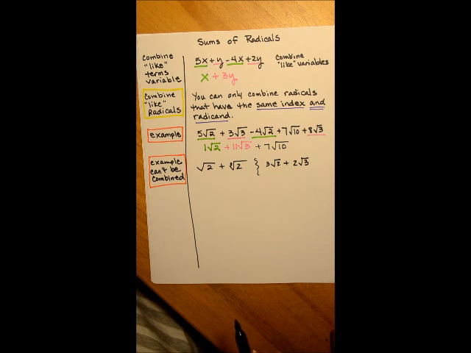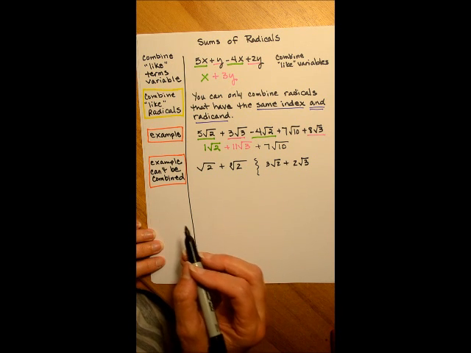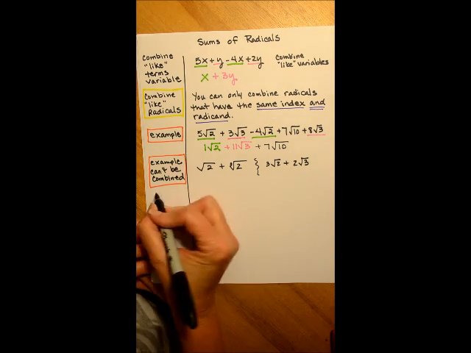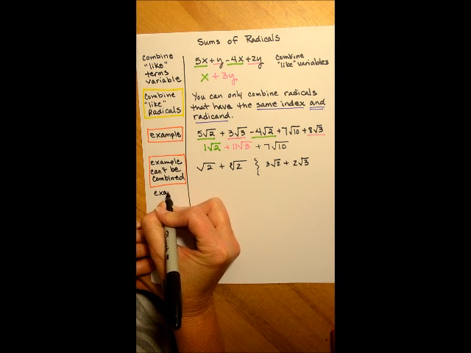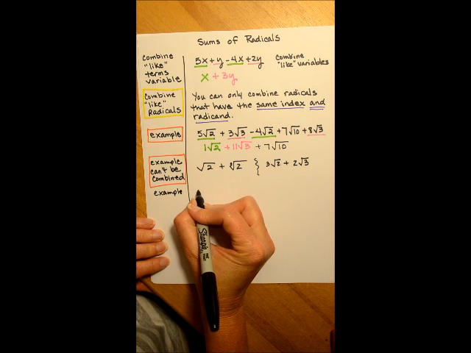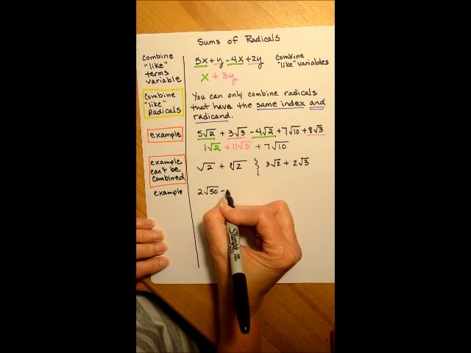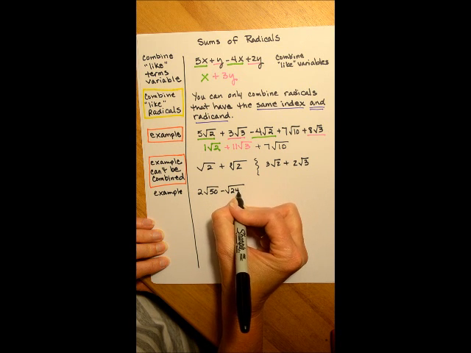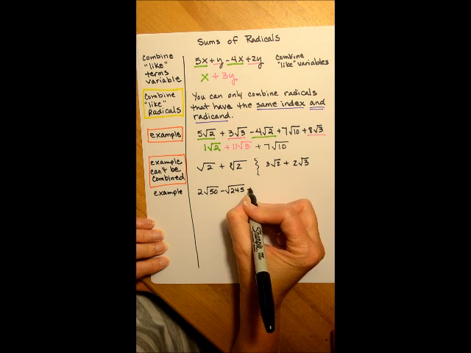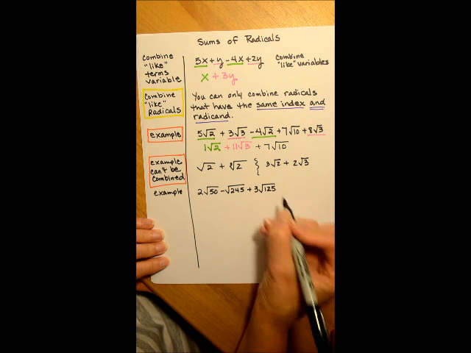All right, now, of course, they're not all this simple. So here's another example. This time I'm going to have some steps for you. I have this problem here. 2 square root 50 minus square root 245 plus 3 square root 125.